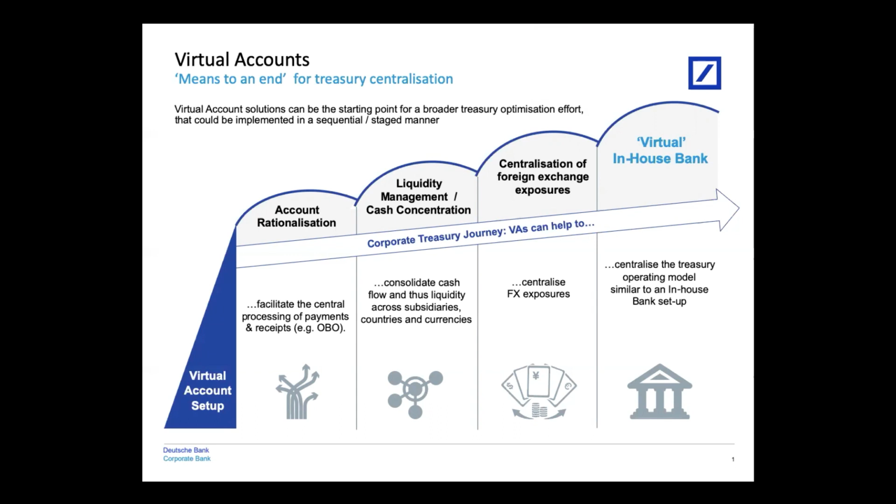But at the end of the day, this leads to a consolidation of liquidity positions across subsidiaries, countries, and currencies. Taking this thought one step further, if the corporate is doing that not just in a singular market or for a singular currency, but across the core functional currencies of the organization, the initially created streamlined bank account structure can also provide distinct benefits around managing and centralizing foreign exchange exposures.